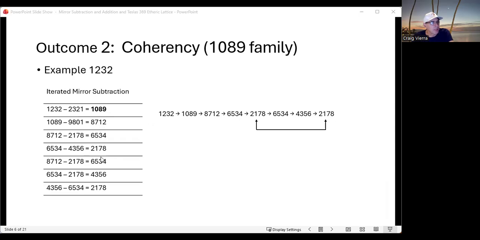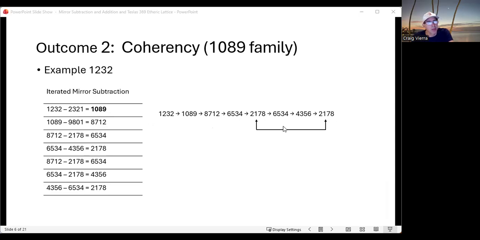2178. And then, well, this should have been 2178 minus 8712, it would give you 6534. And then you can see we would get 6534 minus 2178. We get 4356, and then minus 6534, and we're back to 2178. So we're in this kind of loop here that you see.